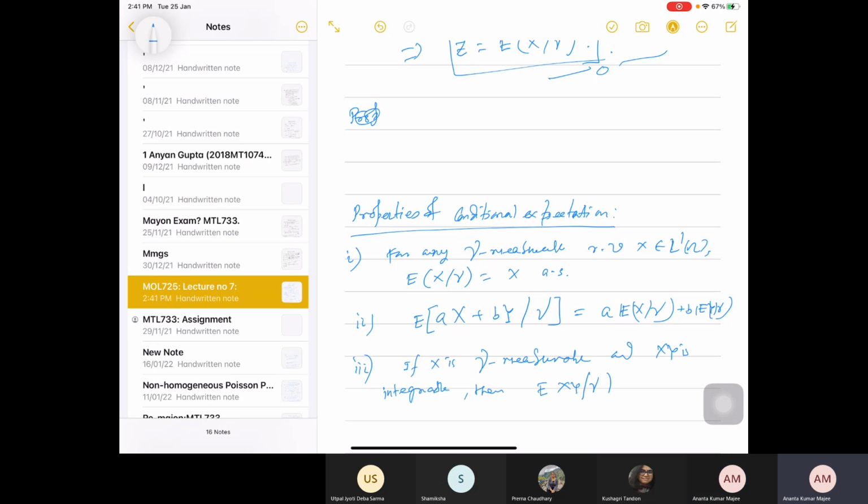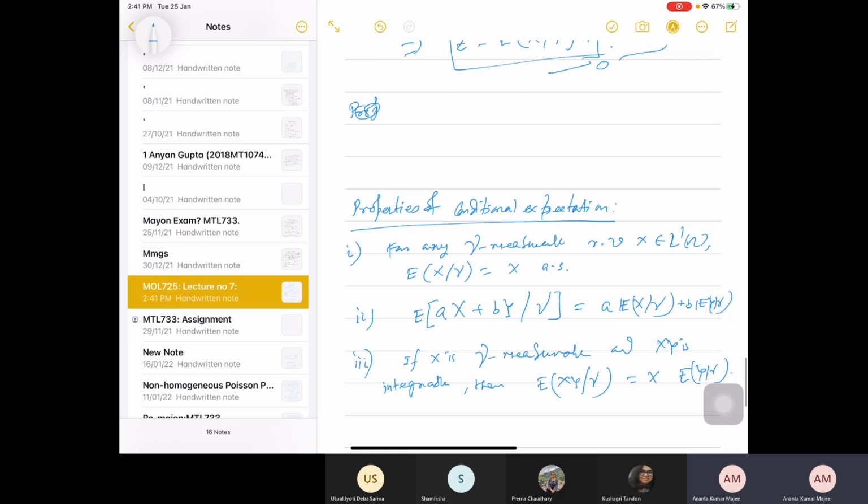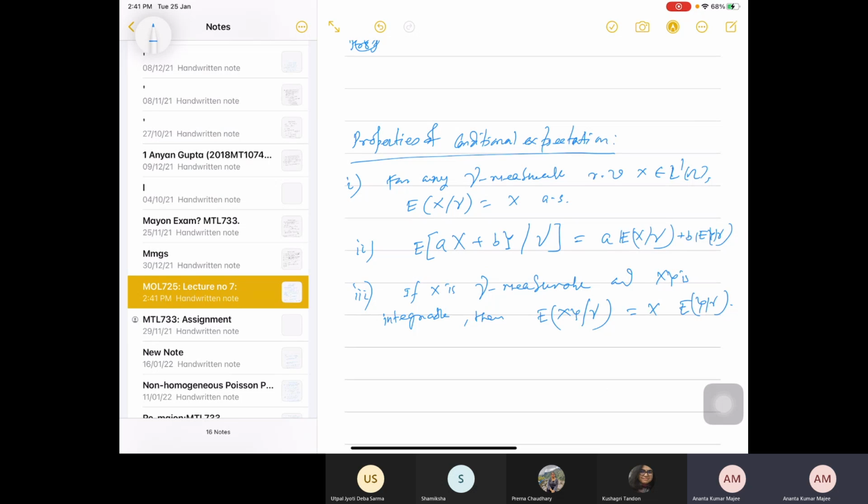Since X is nu measurable, you can take X out: X times the expectation of Y given nu. Y is also integrable, so I can talk about the conditional expectation of Y given nu. Sometimes, as you will see later on, we will use this condition 3 more and more; all these conditions we will use often. Another is called the tower property.